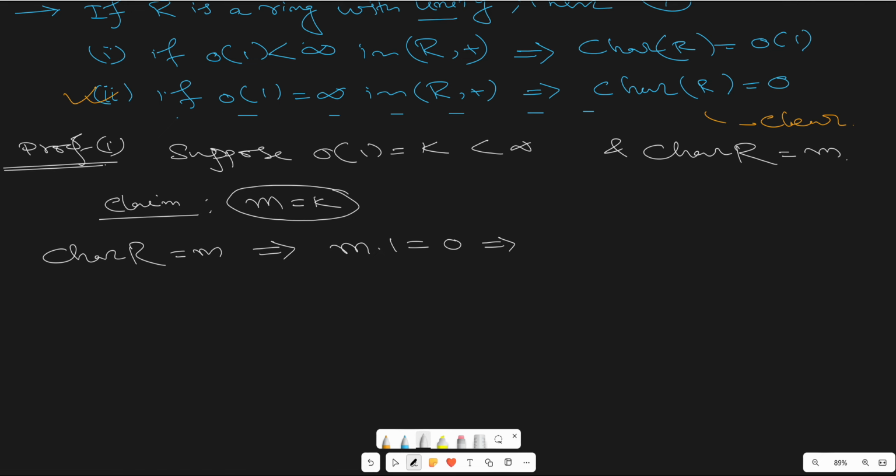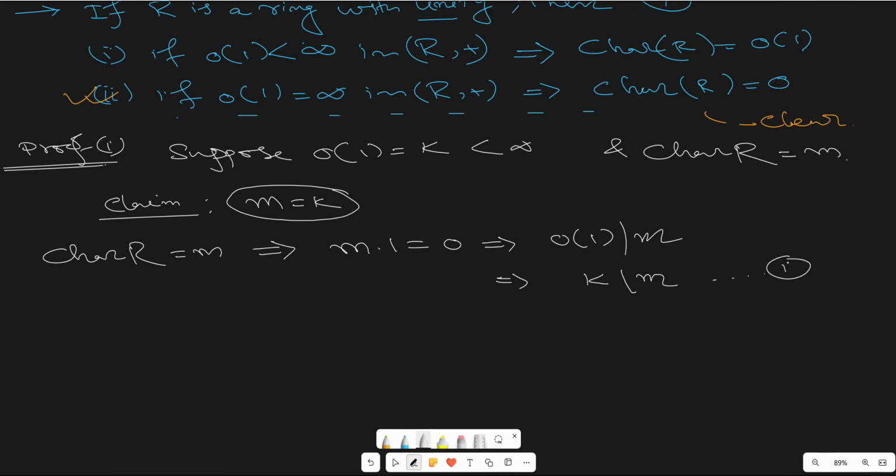So the best thing you can say is that the order of 1 should divide m, right? This implies, the order of 1 is k, so k divides m. This is number 1.